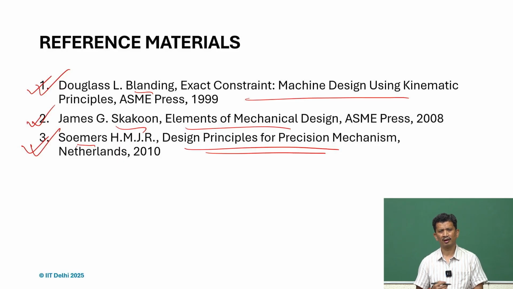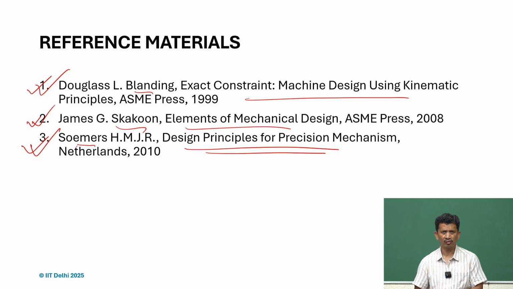I have been teaching for the last 10 years here, and I worked earlier in Netherlands at ASML and University of Twente, and previously in Singapore at A-Star, designing various kinds of air bearing stages for different precision applications. I'll try to talk about those designs and examples, what we have been practicing in our lab at IIT Delhi.